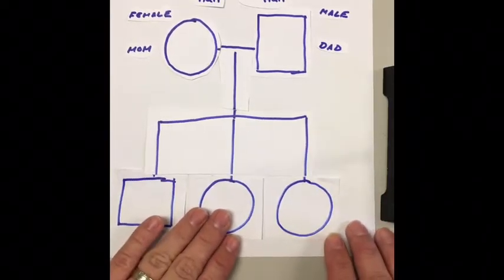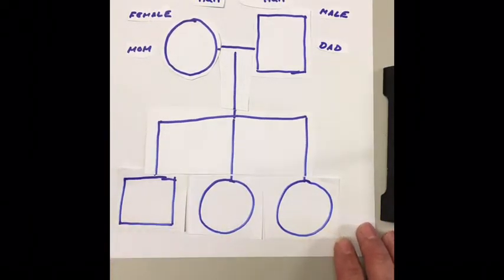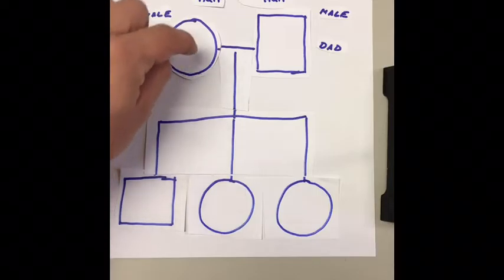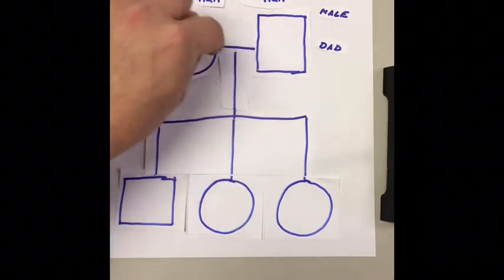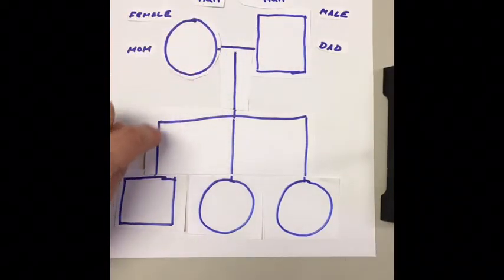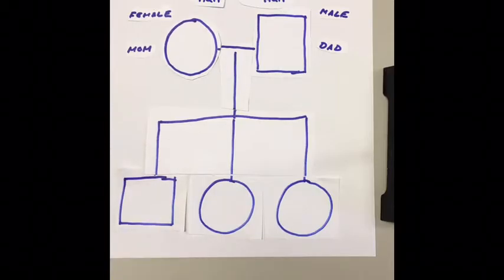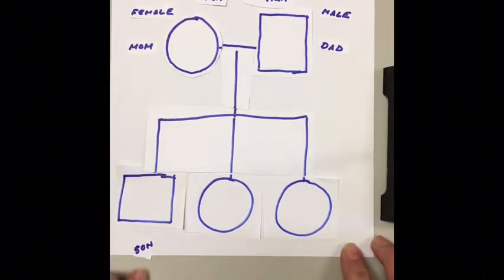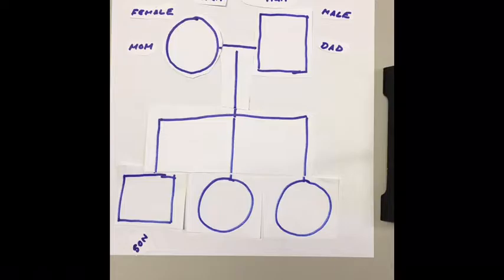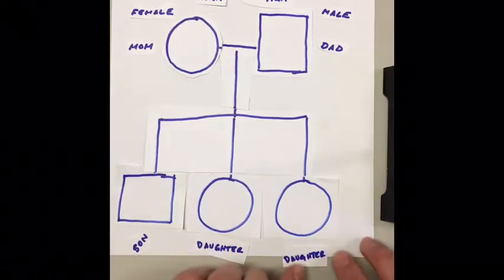Okay, so there it is. So now, if you're reading the pedigree chart correctly, you have mom, dad, got married, had kids, 1 son, okay, and 2 daughters.